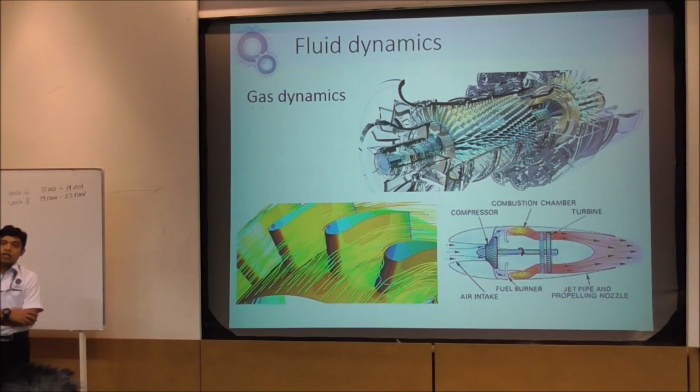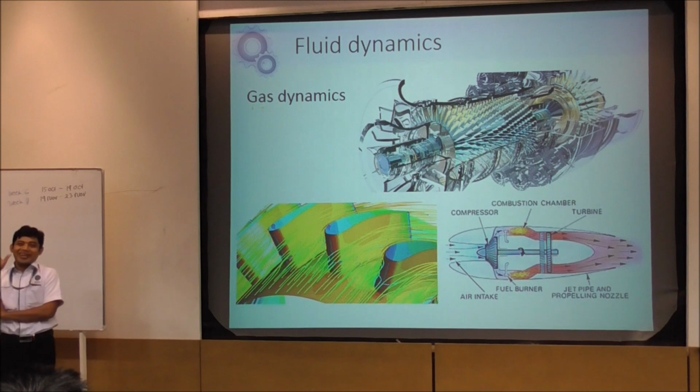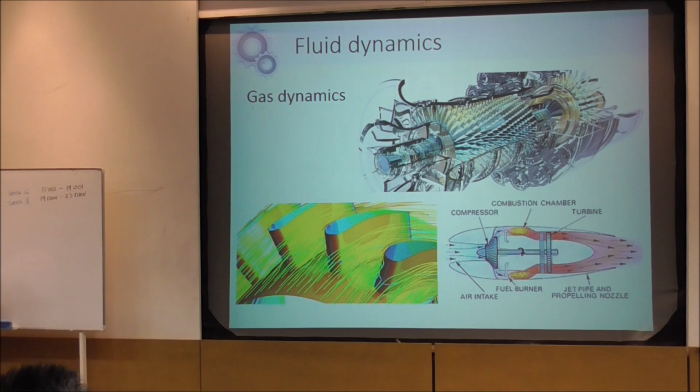We are dealing with compressible flow that you have never learned in your fluid mechanics 1, because in fluid mechanics 1 we are dealing with incompressible. Usually you will deal with incompressible, steady state, inviscid, right? Now we are dealing with viscous, compressible, unsteady. Nice one. Okay?